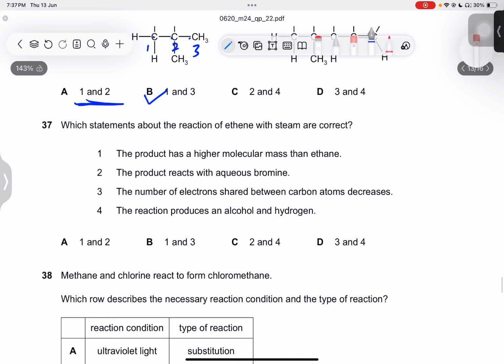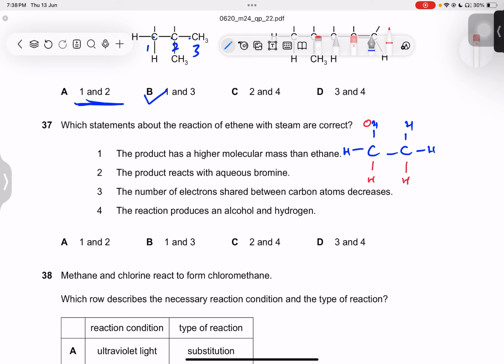Which statements about the reaction of ethene with steam are correct? The product has a higher molecular mass than ethane. When ethene reacts with steam, the double bond breaks and OH is added, with O on one carbon and H's added to both carbon atoms.